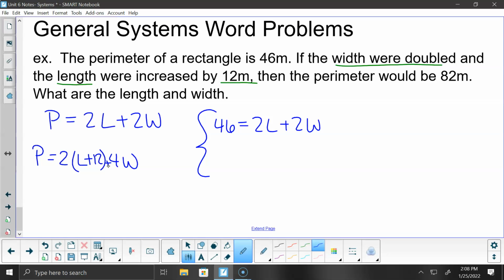All right, so I'm taking my original one, I'm adding 12 to all of my lengths, and then I'm doubling the width. Well, when you double the width and you're already multiplying it by 2, you make it a 4. Okie dokie. So they tell me that this equals 82 now. So 82 equals 2 times (L plus 12) plus 4W.